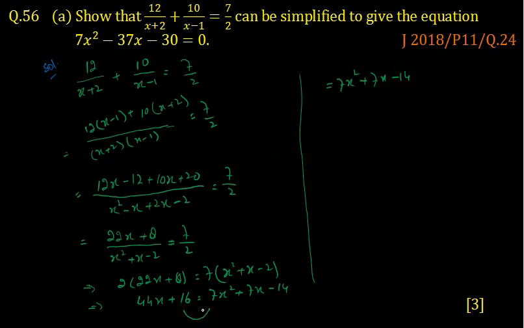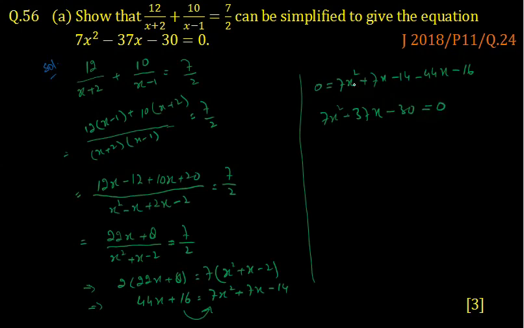We shift all the terms from left to right, so we change the sign. So plus 44x becomes minus 44x, and plus 16 becomes minus 16, and the other side is 0. Or we may write 7x square plus 7x minus 44x becomes minus 37x, and minus 14 and minus 16 become minus 30, is equal to 0.